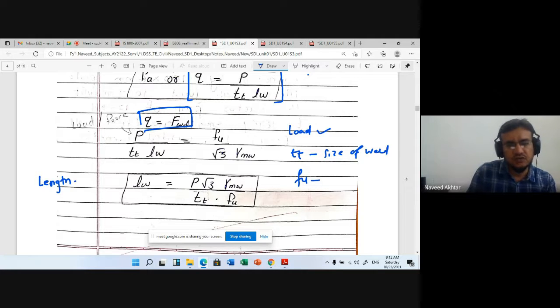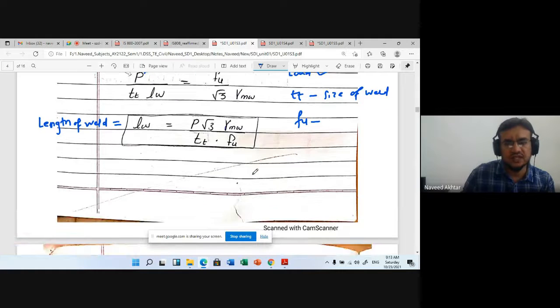So the length of weld, LW, is equal to P under root of 3 gamma MW divided by PT into FU. Likewise you can find out the length of weld. This is the formula you can use to find out the length of weld.